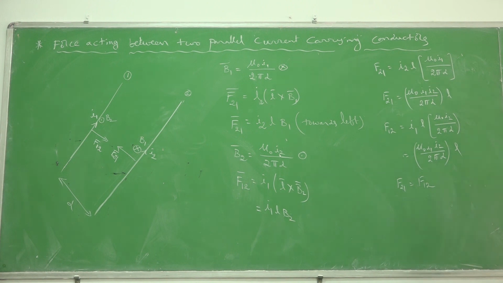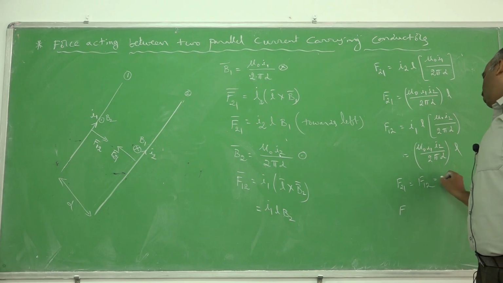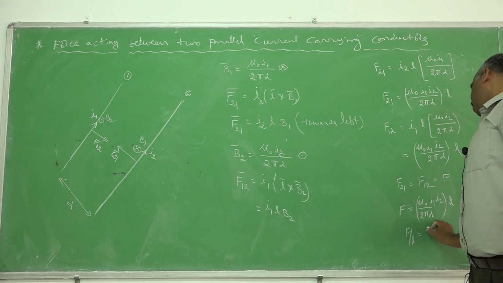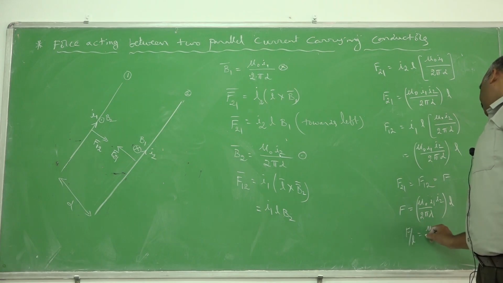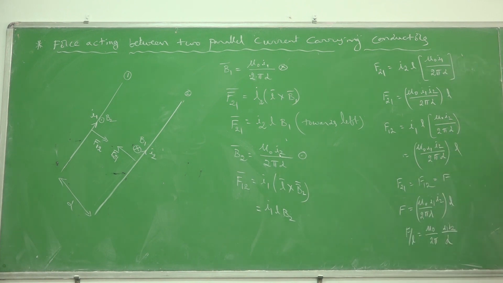Or you can say F12 or F21 can be replaced with F. F is equal to mu naught I1 I2 by 2 pi d into L. So force per unit length is given by mu naught by 2 pi into I1 I2 by d.